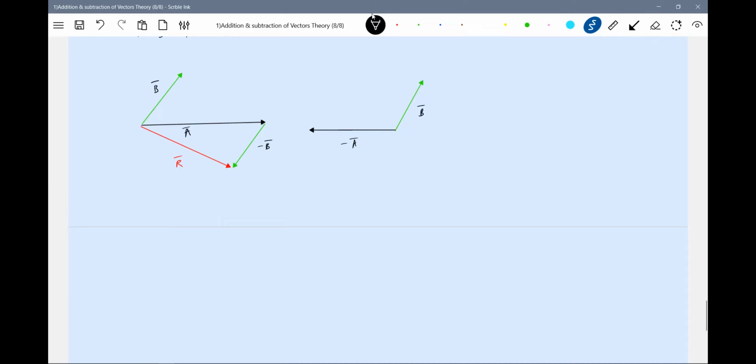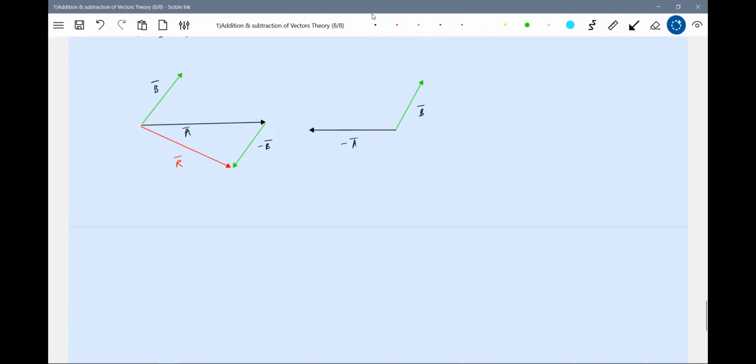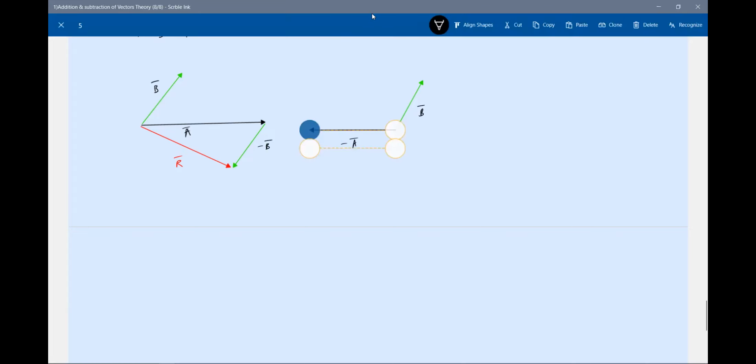Let me shift the B bar or A bar, either one. B bar minus A bar is needed, no? We'll shift the minus A bar.